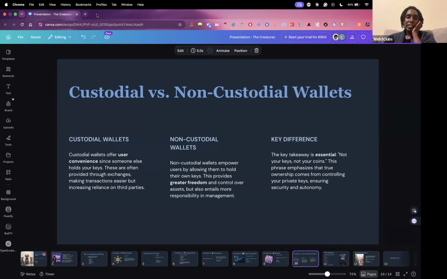Minisend is a custodial wallet, right? So you don't necessarily hold your keys. As much as the technology runs on blockchain and there's all these smart contracts everywhere, ultimately they are not fully decentralized. So a fully decentralized wallet is something like MetaMask, where once you do that, that's it. You're done. There's no customer care number to call.